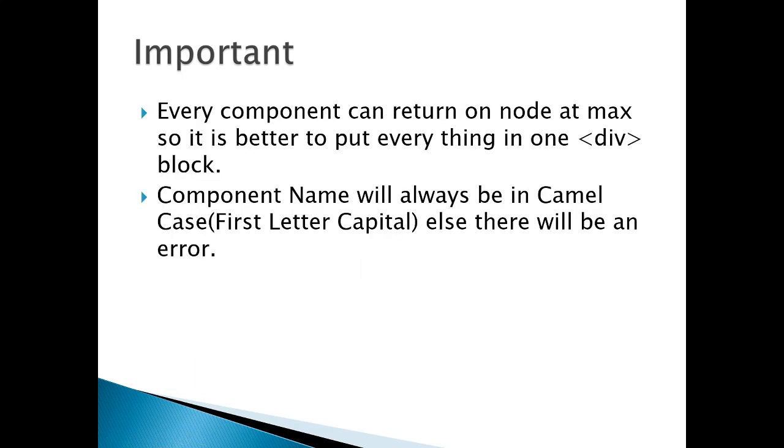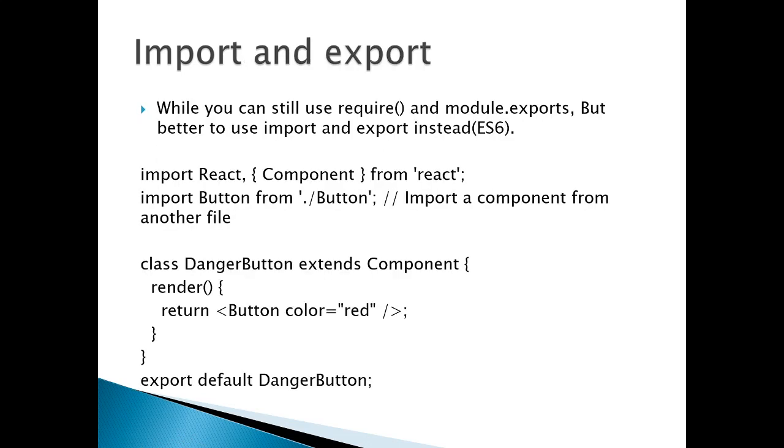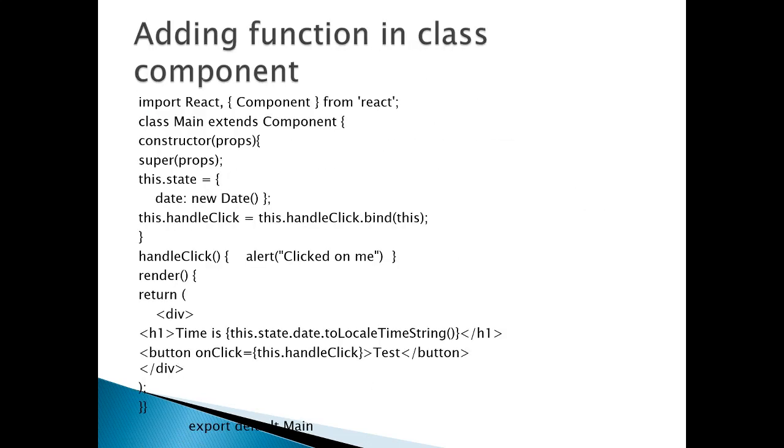A few things to understand. The information within a component should be a single div. You can see I have defined a div, and anything within that will be displayed. You cannot display two different elements, meaning two divs, independently.